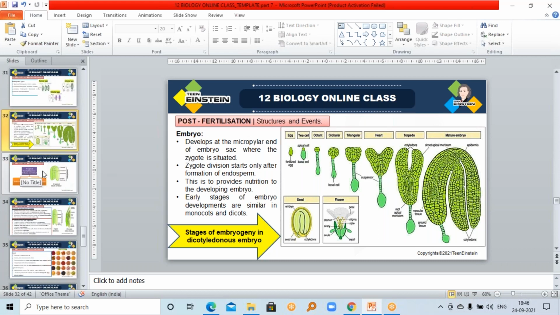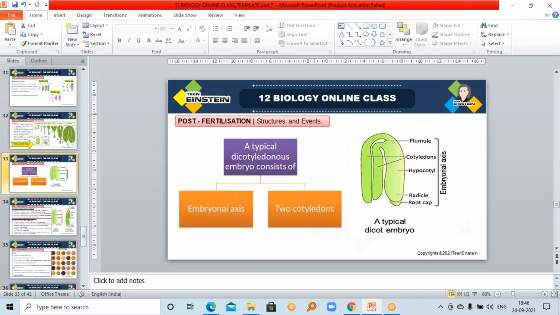Next you can see here a typical dicot. We are going to explain the dicotyledonous embryo. In dicots, the embryo consists of two parts.